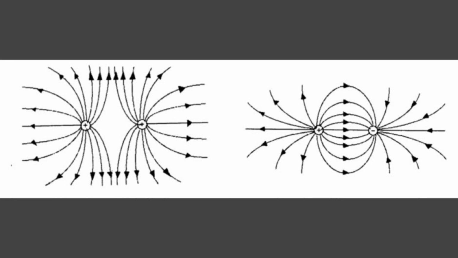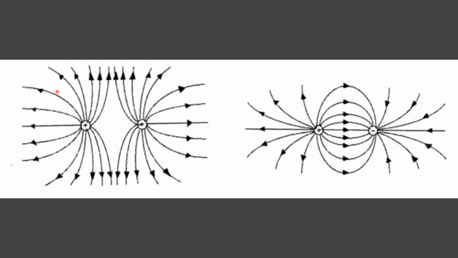If we look at this picture, we can see what happens when there's two charges placed next to each other, and these two charges have the same charge, in this case both being positive.